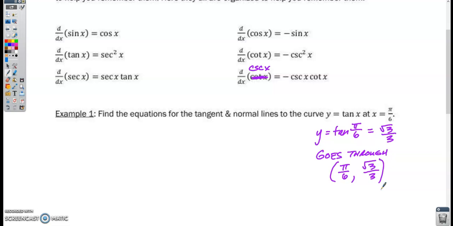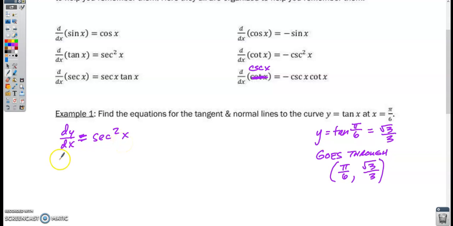Okay, now I need the slope. So in order to find the slope, I want the value of the derivative at pi over 6. So first I'm going to find dy dx here. dy dx for tangent of x is secant squared of x.